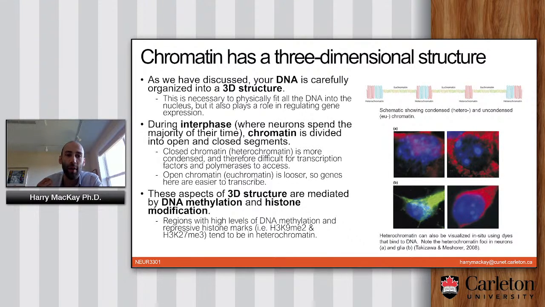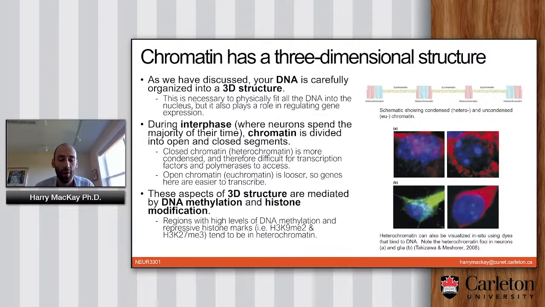It's organized into a three-dimensional structure, which not only allows it to fit inside the nucleus, but as we're discovering now, also plays a fairly big role in regulating gene expression. Neurons, being that they don't divide, spend almost all of their time in interphase, and in this part of the cell cycle, chromatin is divided into open and closed segments.